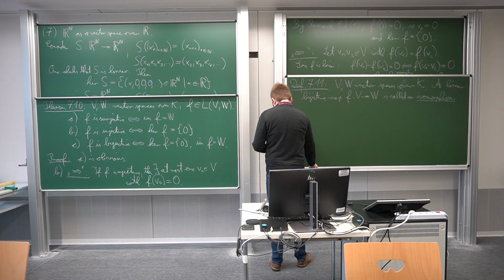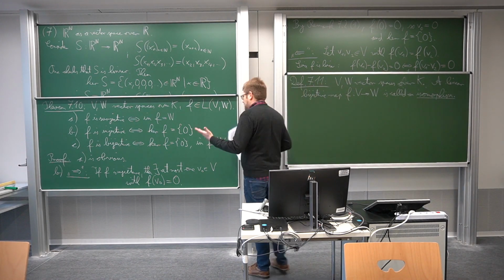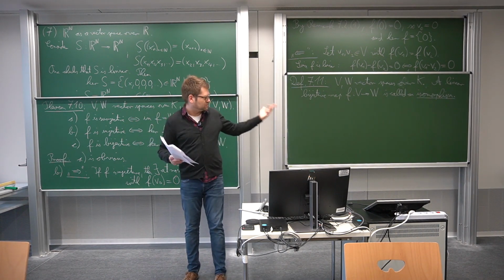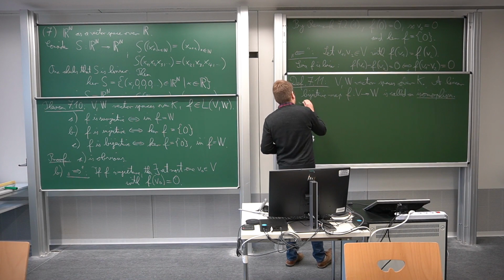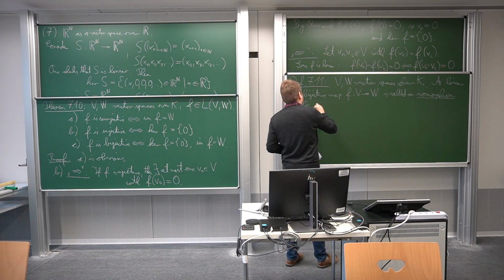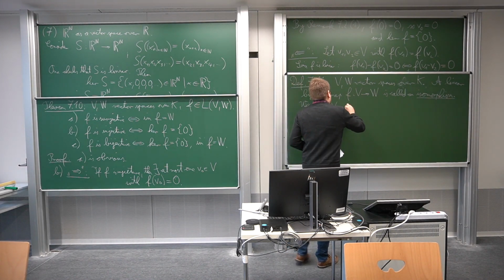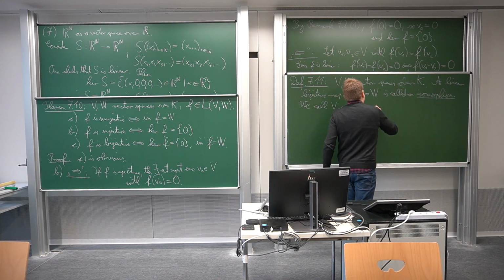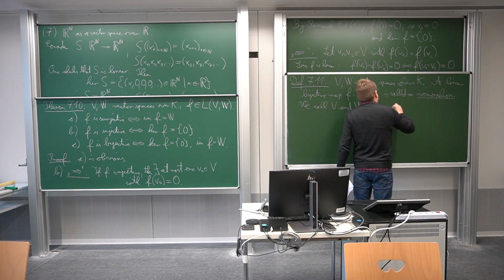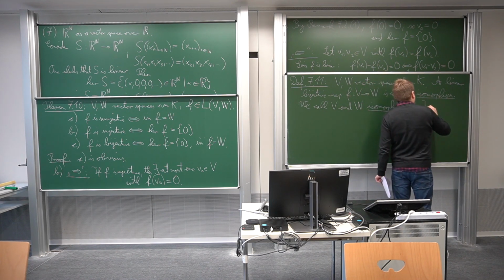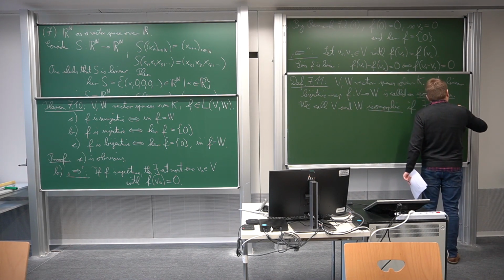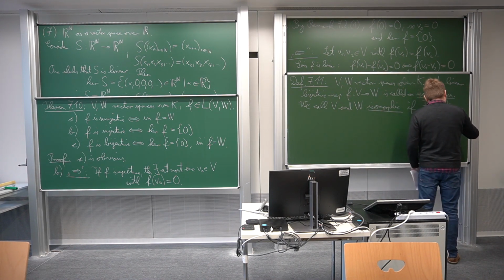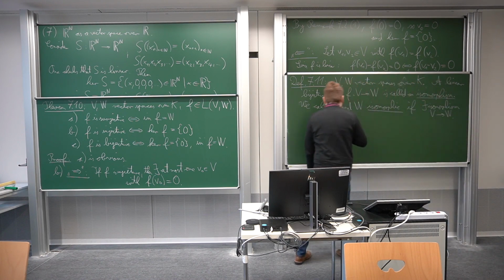So this is an isomorphism, and I said that it's a special thing if two vector spaces have such an isomorphism between them. This is why we also will give it a name, and we will later see examples for why this is important. We call V and W isomorphic if there exists an isomorphism between them, so if there exists an isomorphism from V to W. There's a particular notation for this.